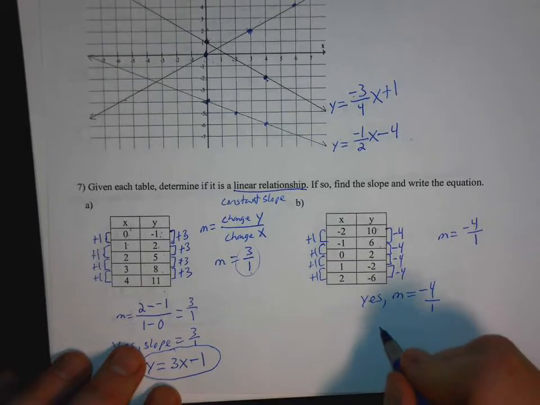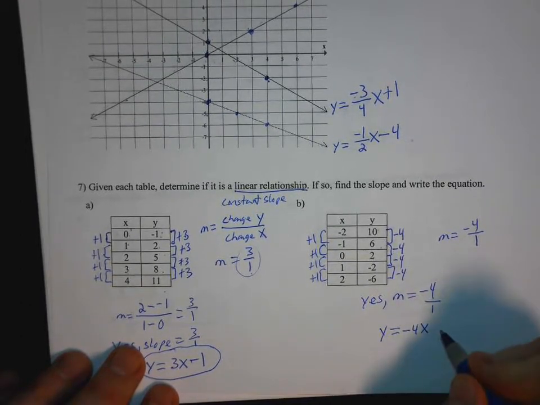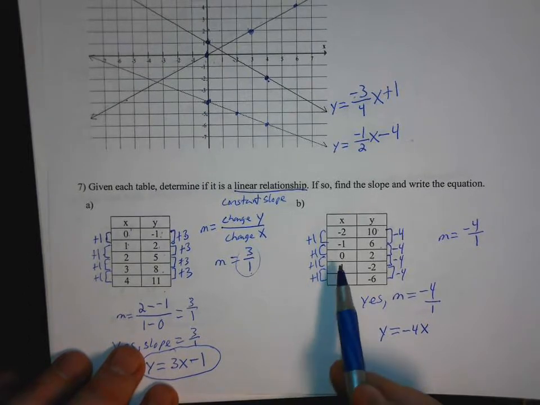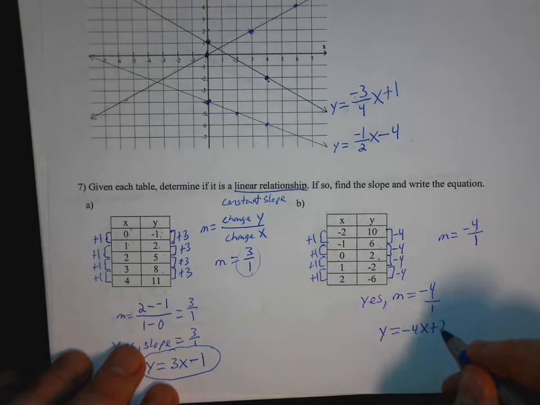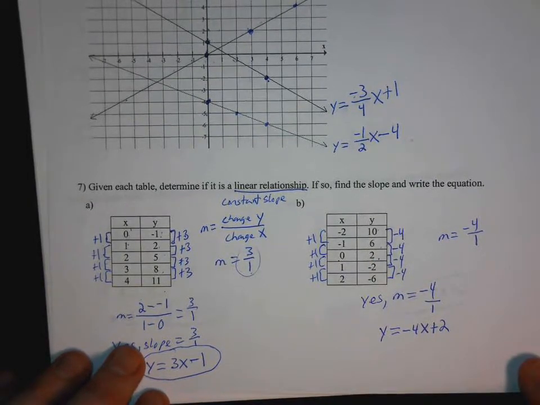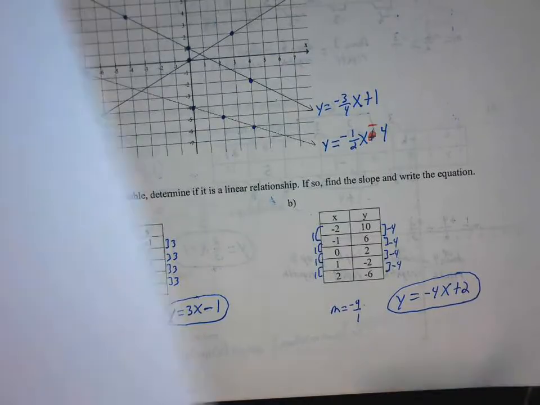So the equation of our line, y equals mx plus b, we know y equals -4x, and then plus b. Well again, when the x value is 0, the y-intercept is +2. So plus 2 will be our b value. So y equals -4x plus 2 will be the equation of that line.